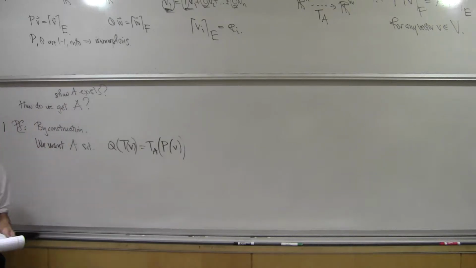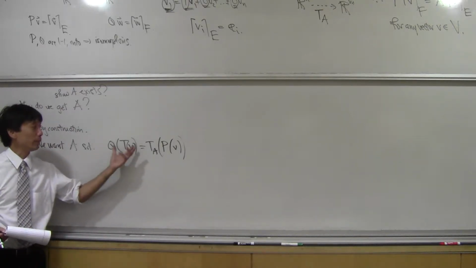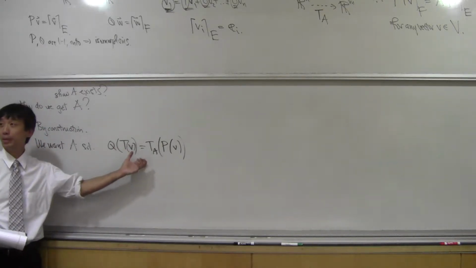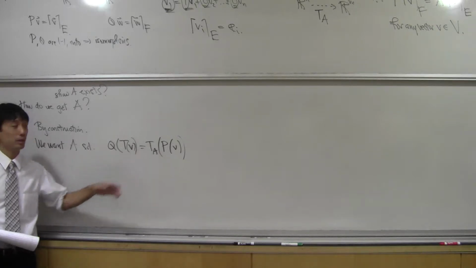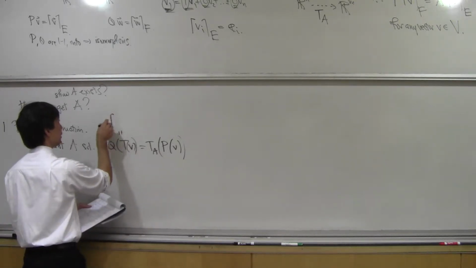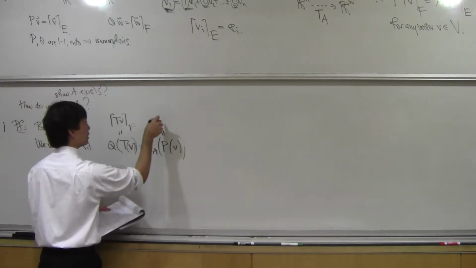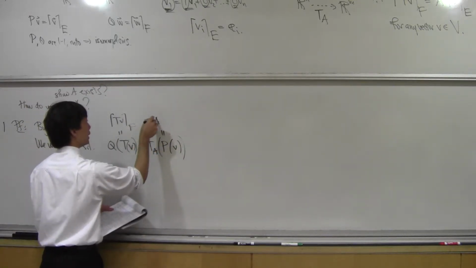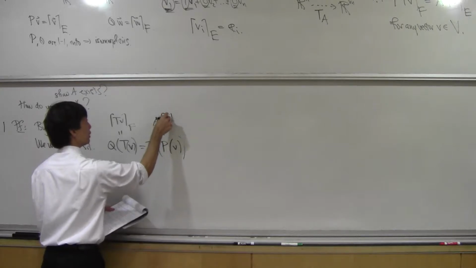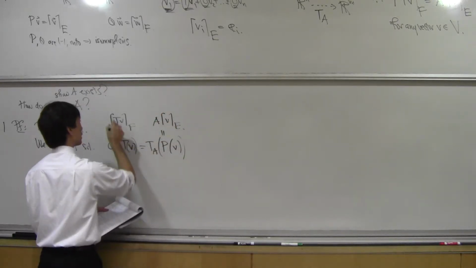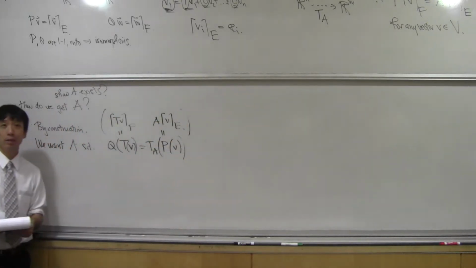This is what we want to happen. In other words, the coordinate vector of TV with respect to F is the same thing as A times the coordinate vector of V with respect to E.